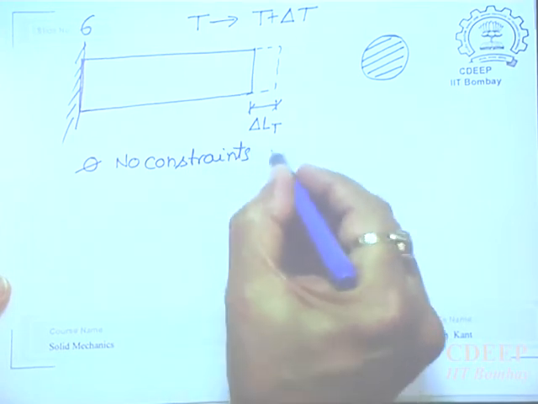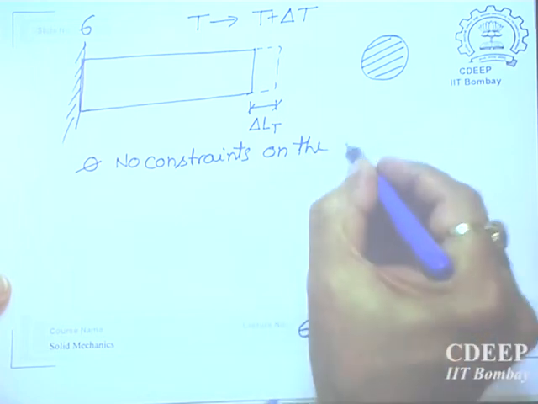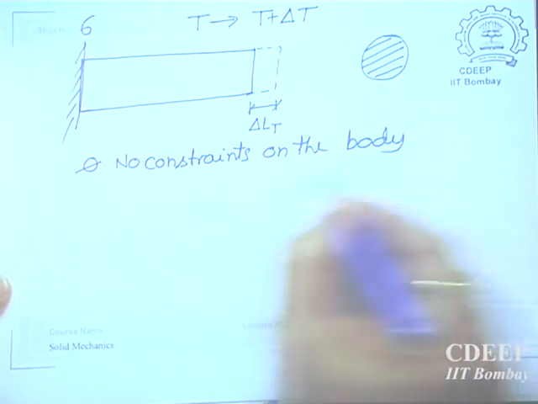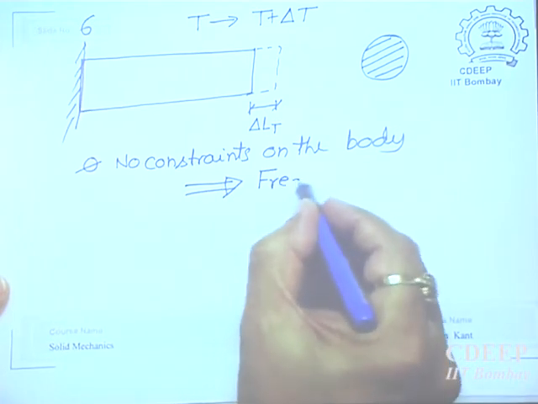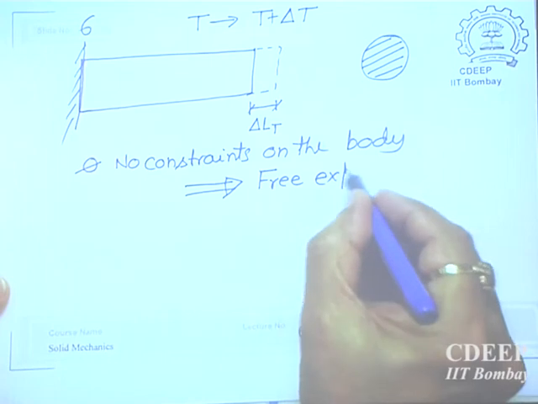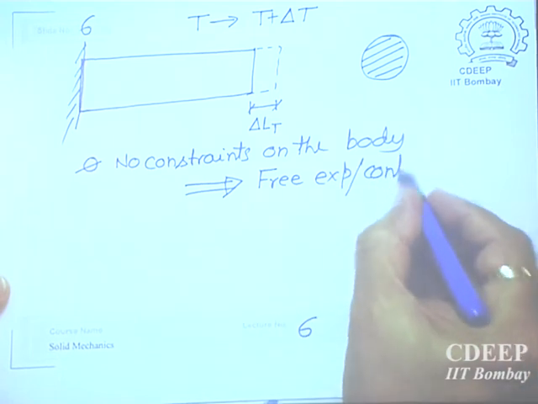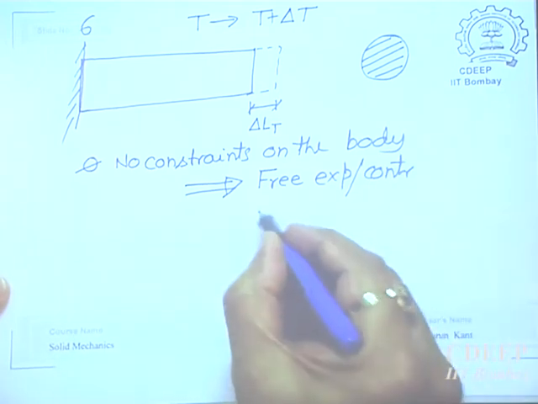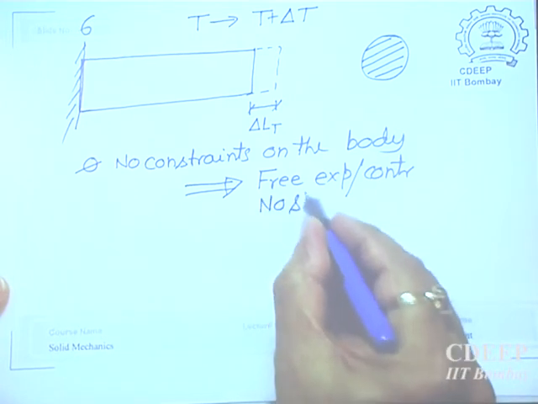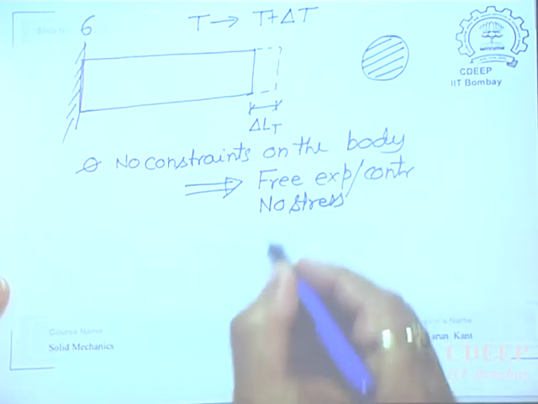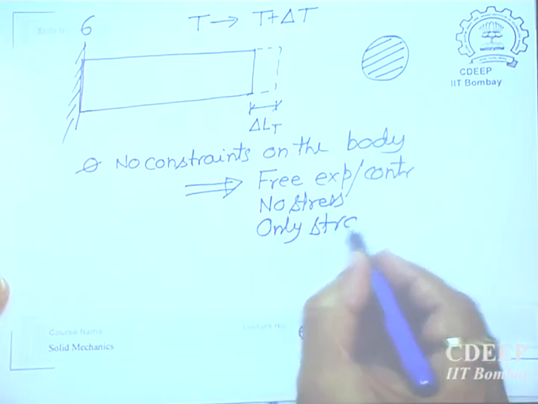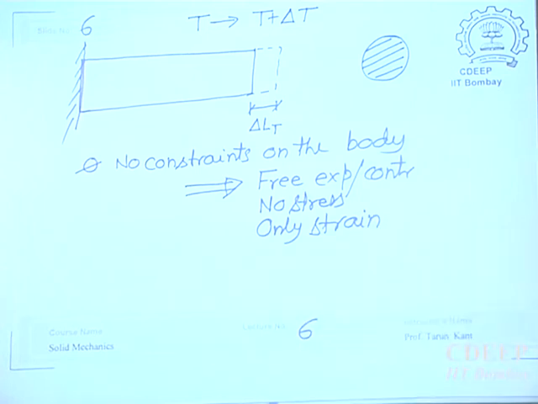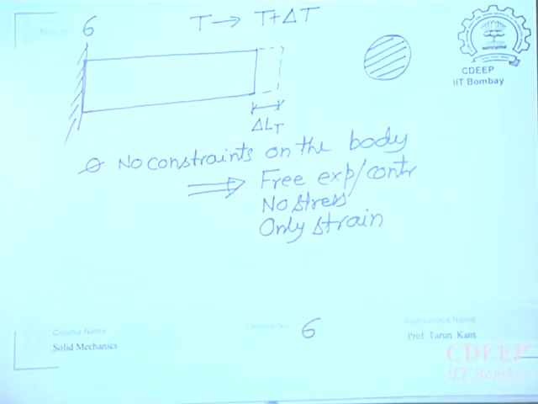No constraints on the body. It will have only free expansion or contraction, no stress. No stress will be developed, only strain. There is no law here, there is nothing like Hooke's law for this.